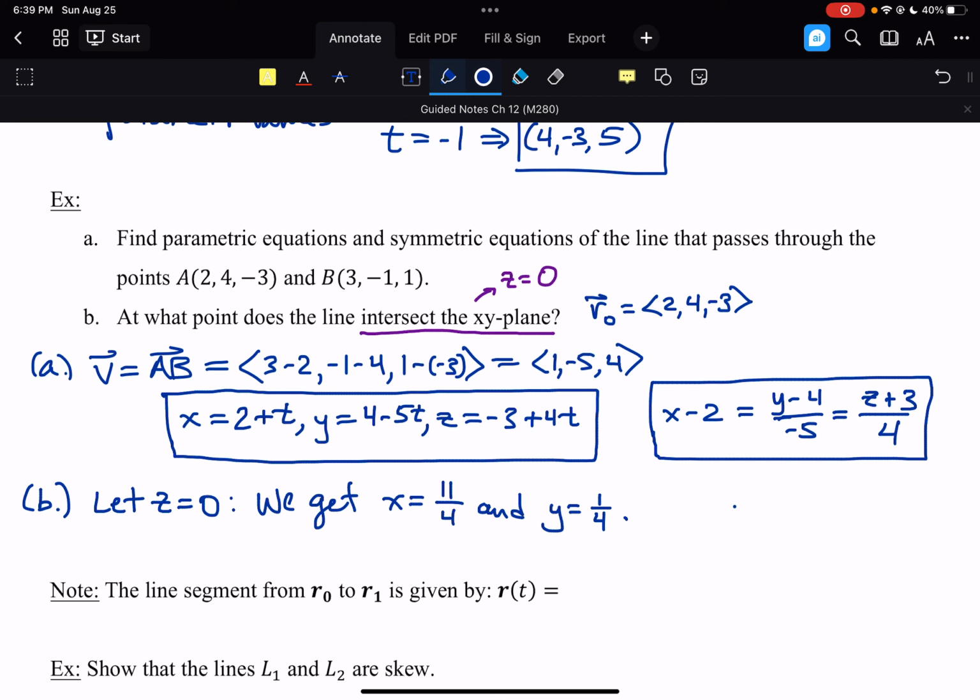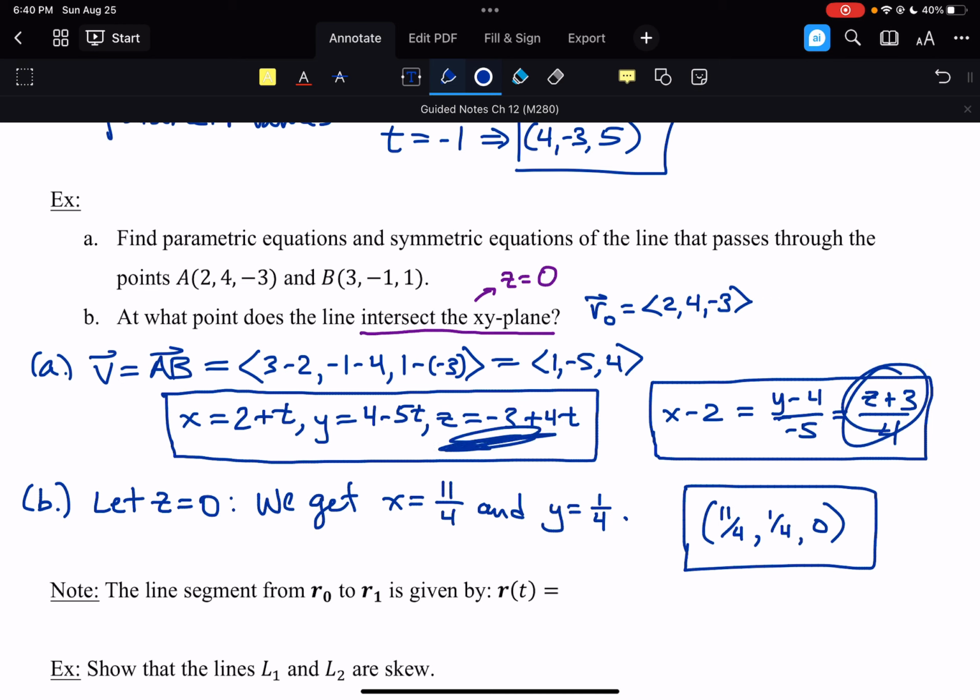So our point on the xy plane, where this line crosses through it, is (11/4, 1/4, 0). So again, just substitute z equals 0 into either the parametric or the symmetric, and then solve the rest for x and y, and you'll get the same result.